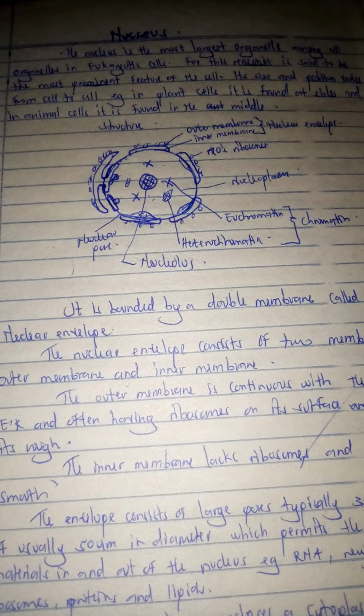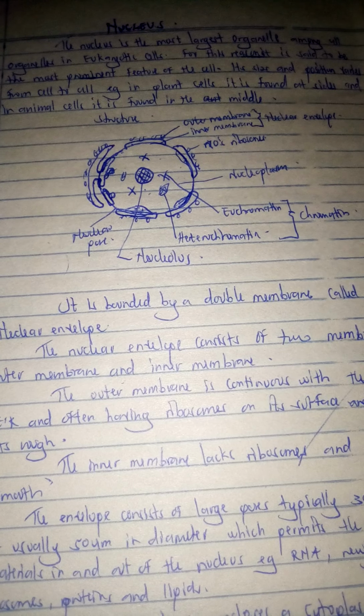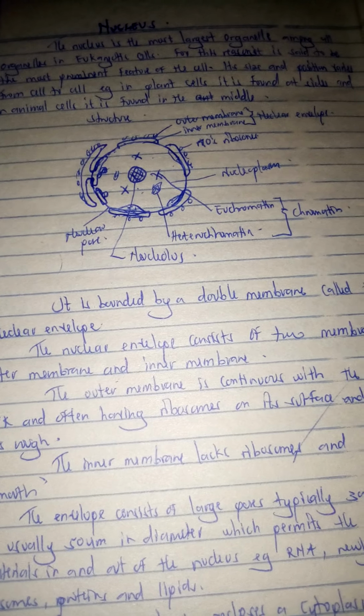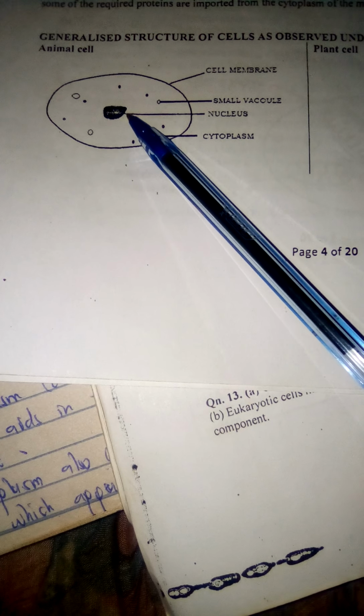You can remember this from O level, the structures we used to draw a plant cell and an animal cell. You can see here the nucleus for animal cells situated in the middle, and for plant cells the nucleus at the sides.